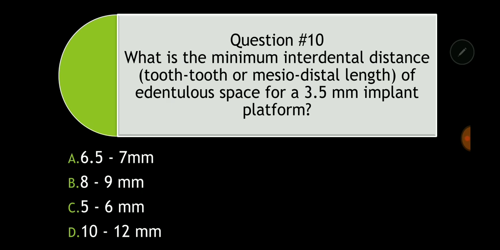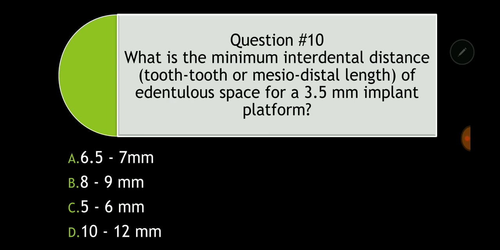And question number 10, using the principles of what we learned in question number 9, we can answer this question: what is the minimum interdental distance, meaning tooth to tooth or mesiodistal length of edentulous space for a 3.5 millimeter implant?